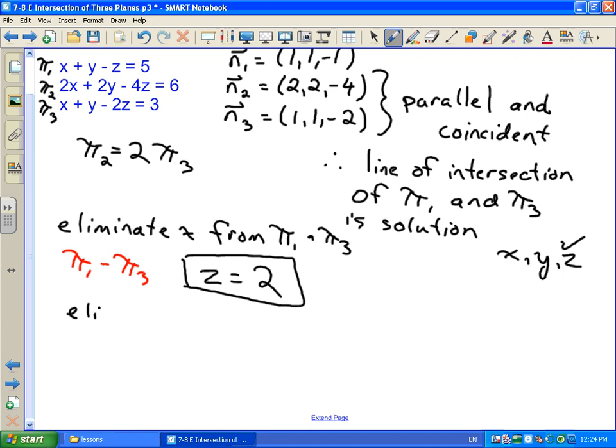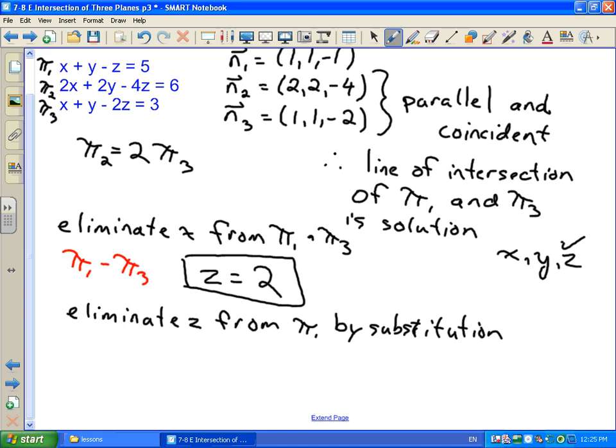So I'll eliminate z from plane 1 by substitution. Usually you had to do elimination to get rid of the variables, but because this is just a number here, I'm just going to sub it in.